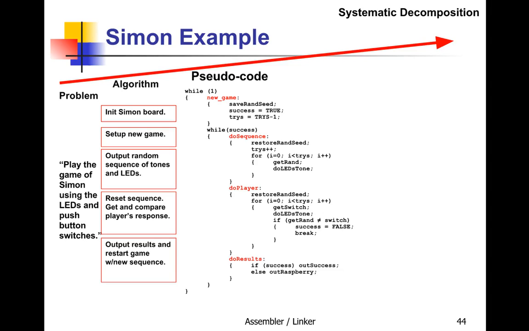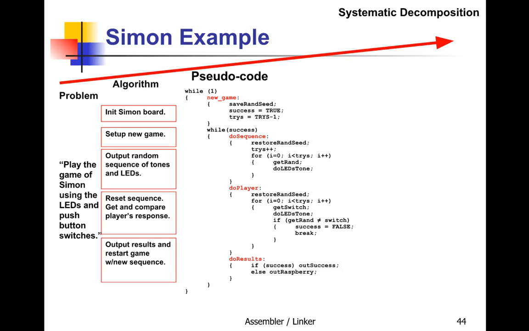and we go into a little for loop. For i less than the number of tries, you get the random thing, do the LED tones. And then we do the player, and so we start again on the same thing. And we go through a little for loop down there, getting the switches, and we do the tones.